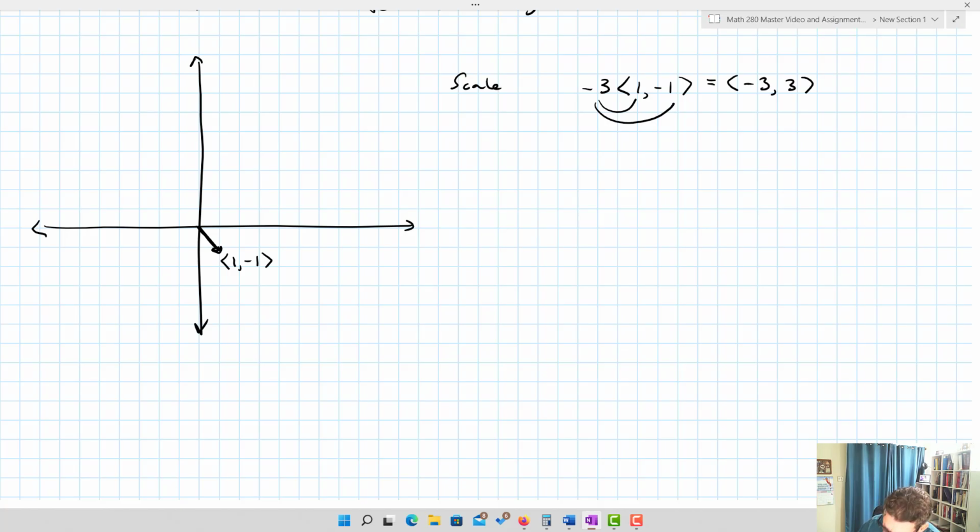Which is great. And when I draw that as a position vector, that's going to be 1, 2, 3, negative 3, positive 3. Okay? Something happened. Well, here's the thing. Scaling either shrinks it or expands it, but it can also flip the vector.